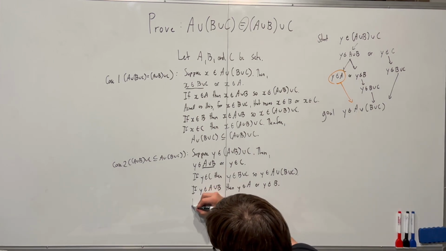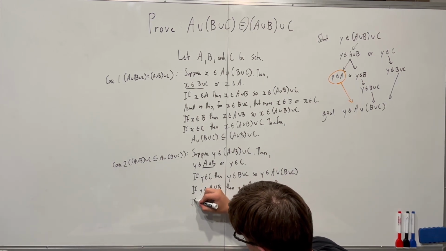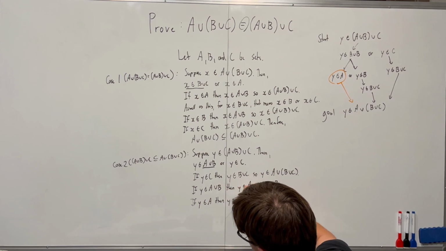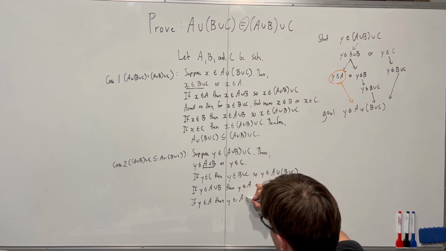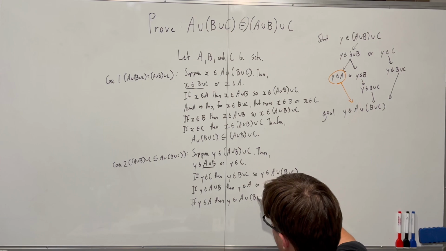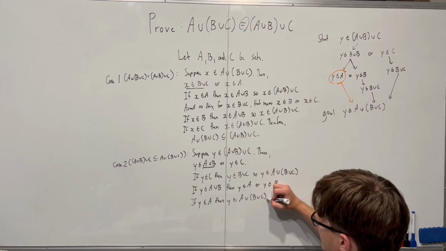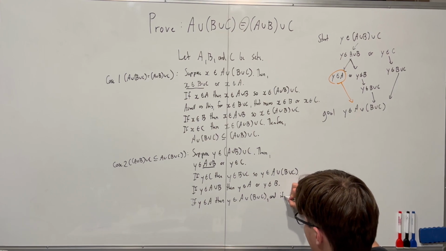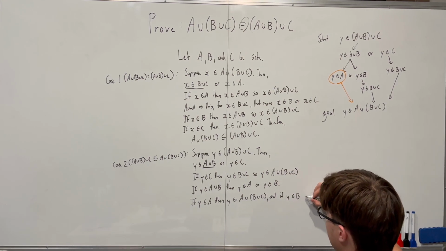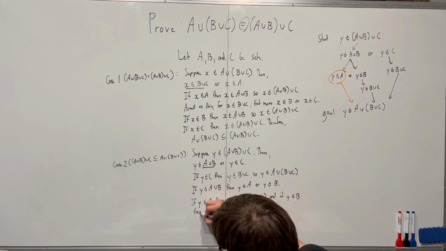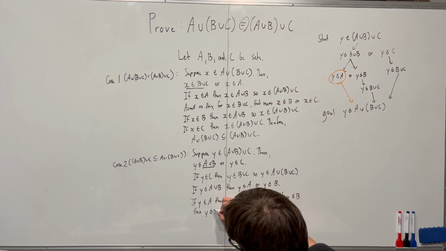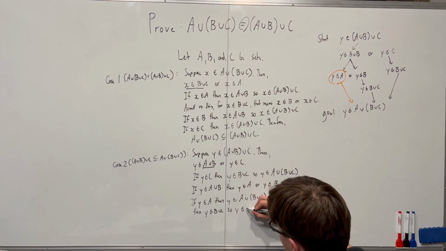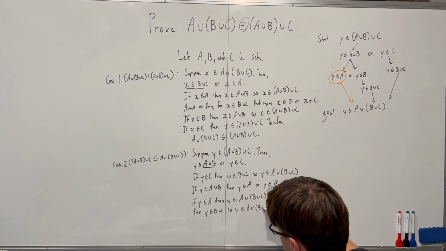Then we're going to say if y is an element of A, then y is an element of A union (B union C). Fantastic. And if y is an element of B, then y is an element of B union C, so y is an element of A union (B union C).